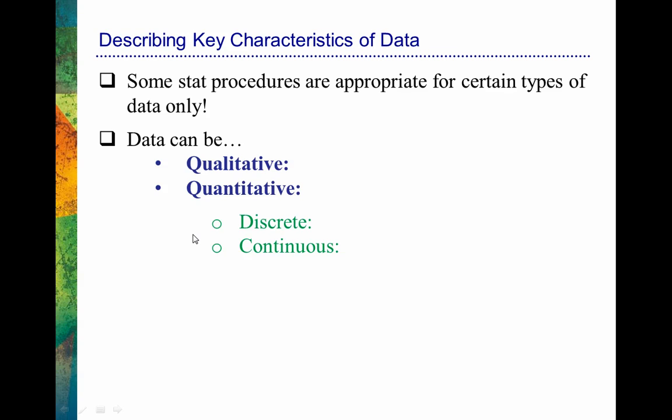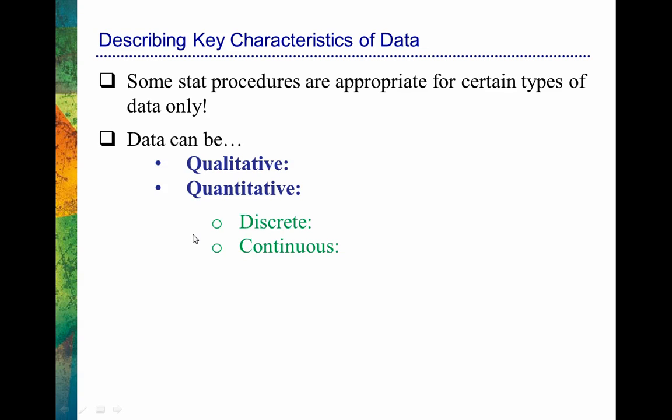So for example, just like I can describe you in a variety of different ways, I can describe my data in a variety of different ways. A student might be a sociology major, a student might be female, a student might be 25 years old, a student might be a mother. I can describe that student in a variety of different ways. Same thing with my data.